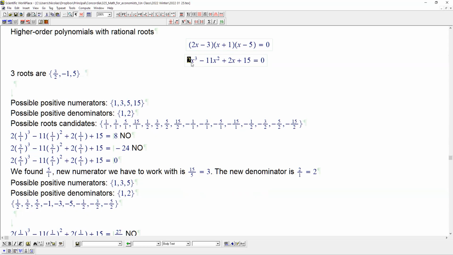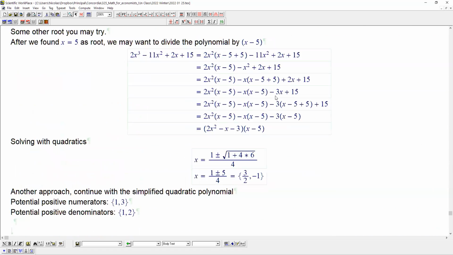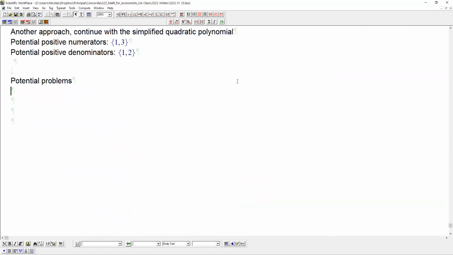But what if you had common factors in there that you could simplify? Then we might possibly be in trouble. So for instance, if there are common factors in the numerator and the denominator.